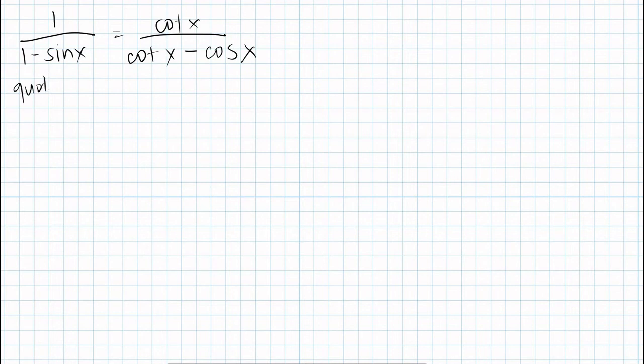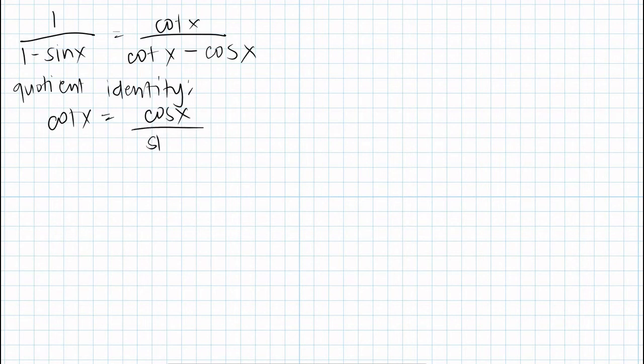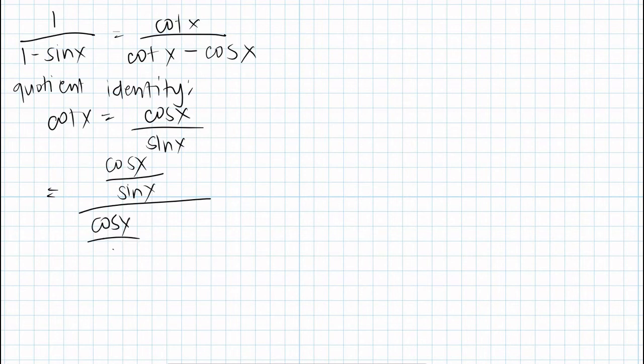Now from the quotient identity, we can say that cotangent x is cosine over sine. That means we can replace cotangent x in our equation with cosine x over sine x. So that becomes cosine x over sine x all over cosine x over sine x minus cosine x.